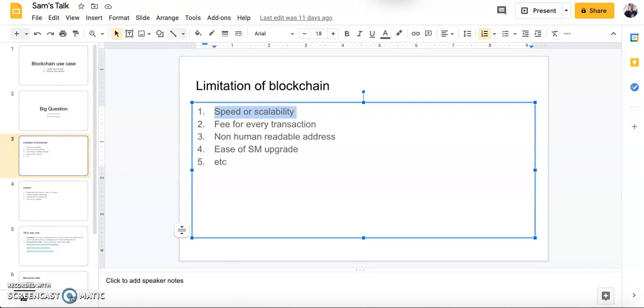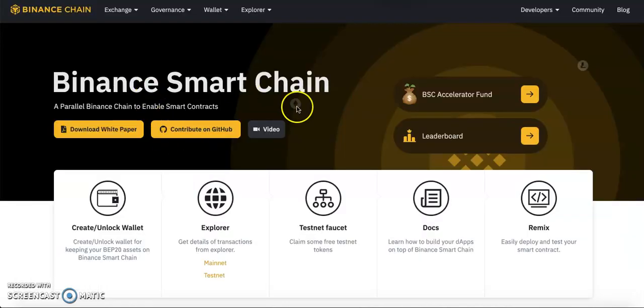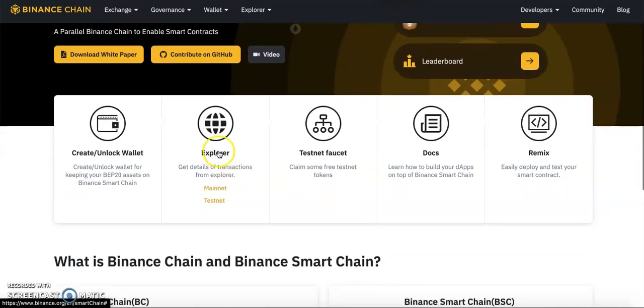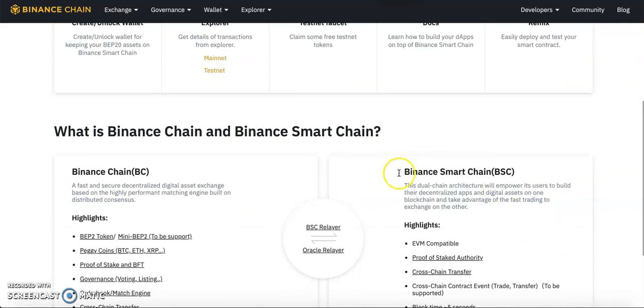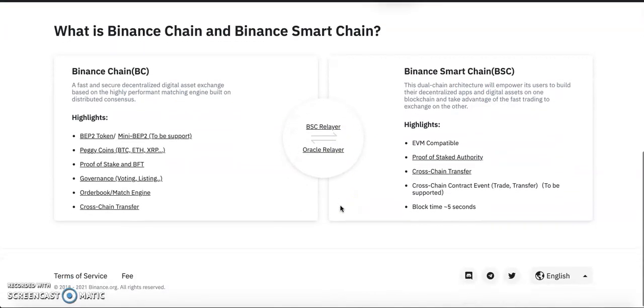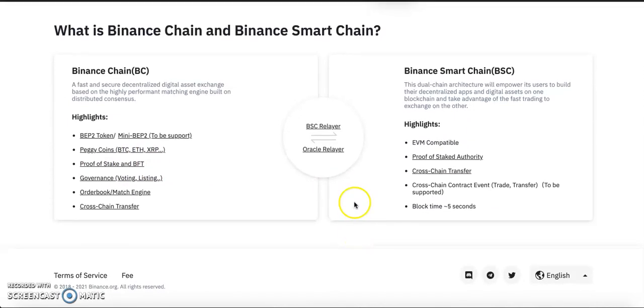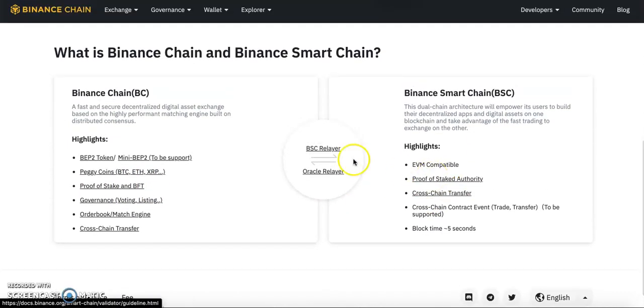Now let's take a look at Binance chain. So Binance Smart Chain, we're going to look at the Explorer. You can just come, the URL is binance.org/smartchain. Right. So it's a proof of stake blockchain, and as far as I'm concerned, it has a block time of 5 seconds.